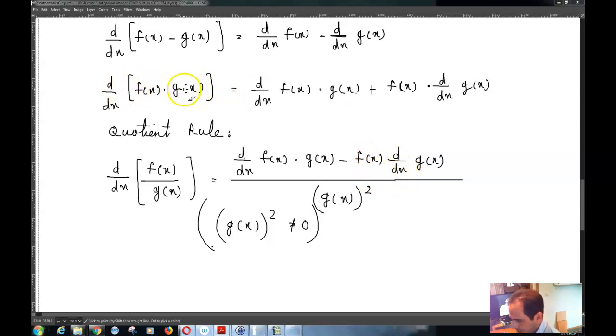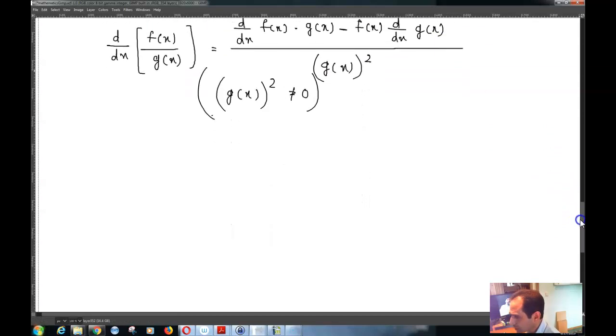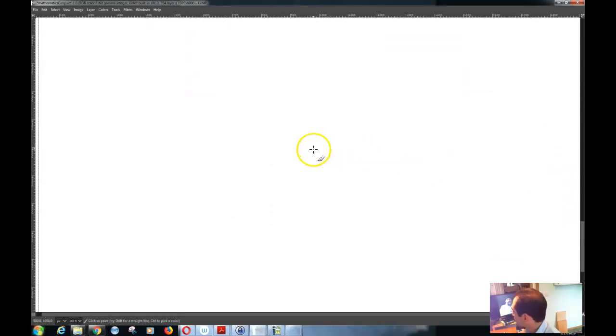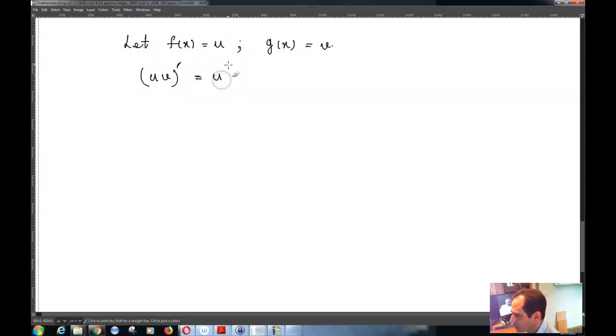So basically d by dx of f of x times g of x, you can let f of x be u and g of x be v, and then the derivative of the product of the two functions is equal to u prime times v plus u times v prime.